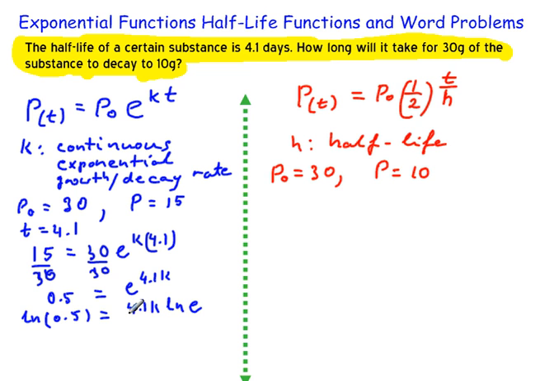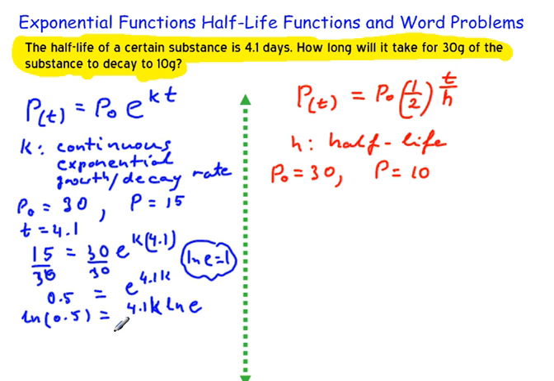This is why you see 4.1 k, so this is k, times ln e. ln, natural logarithm of e, is just 1. So this is why the right hand side will be 4.1 k, and the left side is natural logarithm of 0.5.